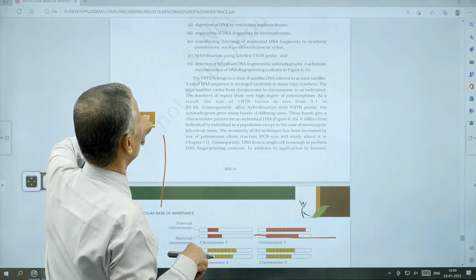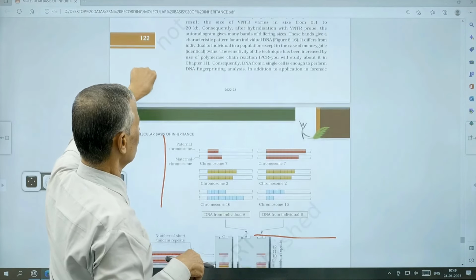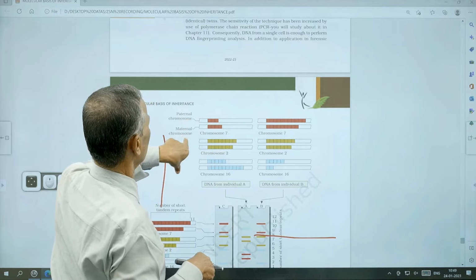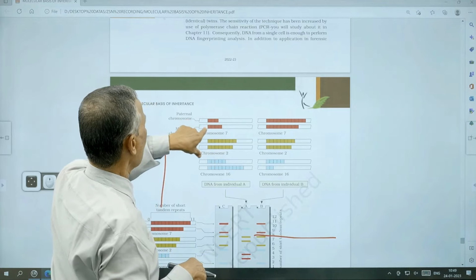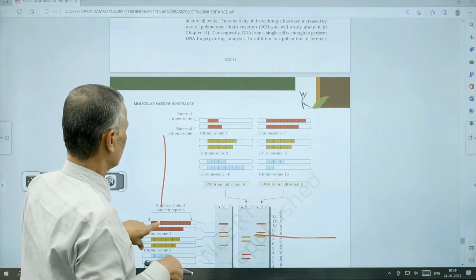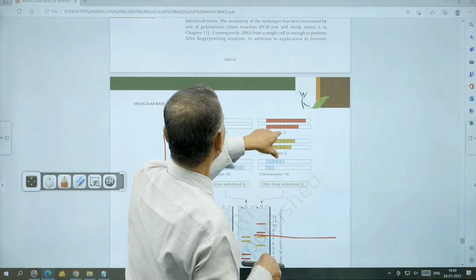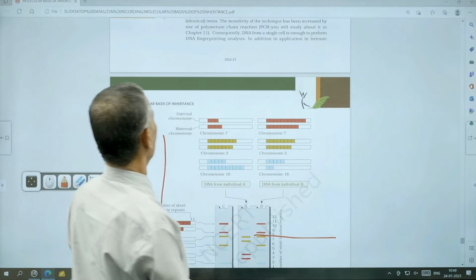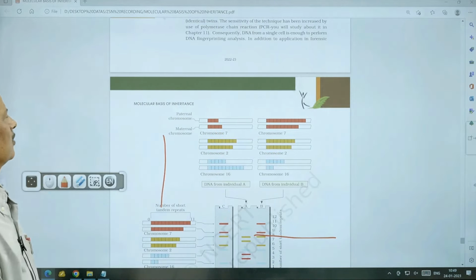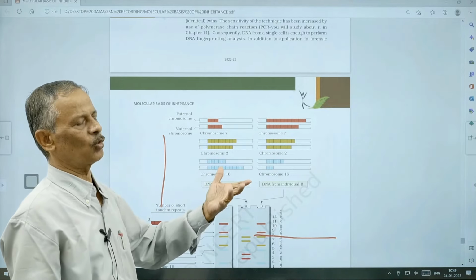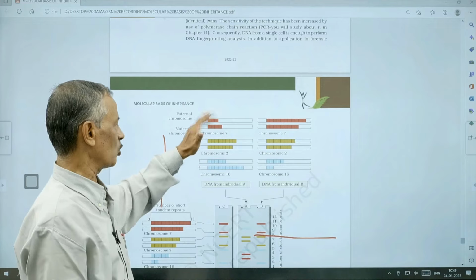And with this technique, see, for chromosome 7, paternal, maternal, the baby will have either of these two inherited. Similarly, either of these two from the maternal or paternal. Okay, for each chromosome, the binding pattern will be different because I told you polymorphism is different for different chromosomes.